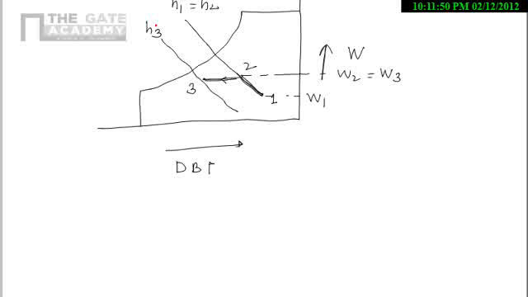And at point 1 we have a temperature of 40 degrees centigrade, and for 3 we have 20 degrees centigrade.